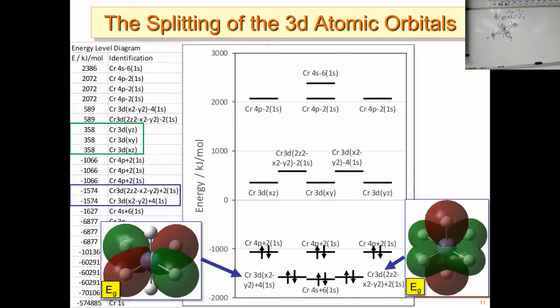But because we put hydrogens on all the faces of a cube, those d orbitals are either pointing at a hydrogen or pointing between the hydrogens. The ones pointing at the hydrogens can accept electrons and interact with those hydrogen 1s orbitals. Even though this is a really complex molecule, think about this with the particle in a box thinking.